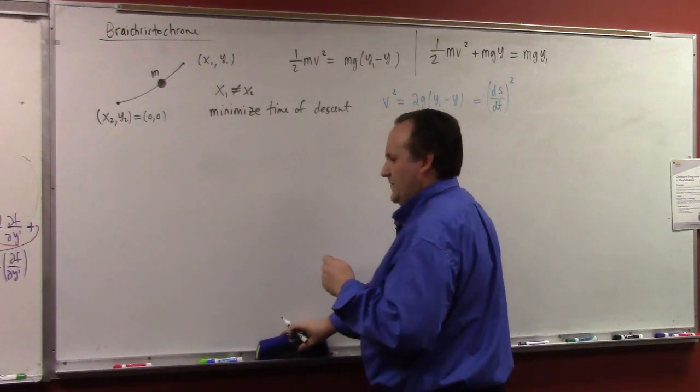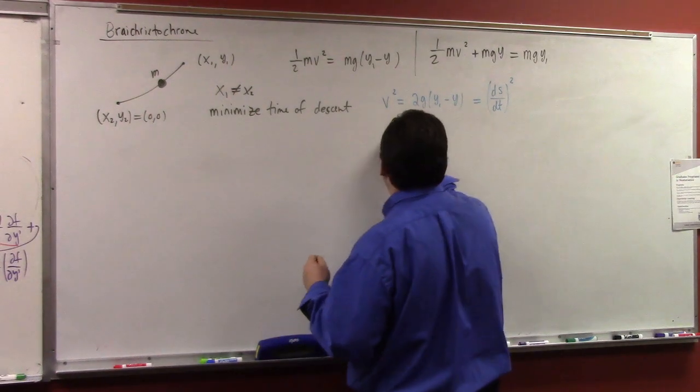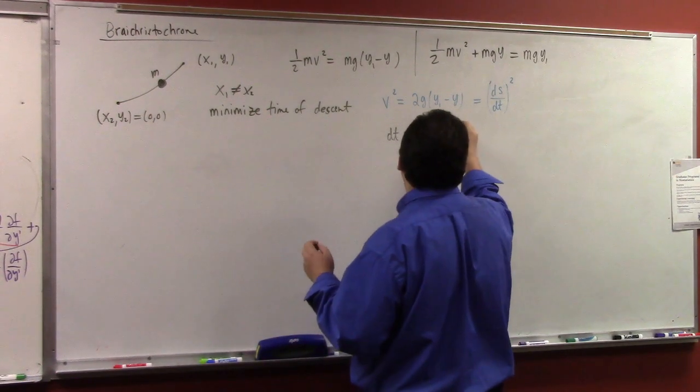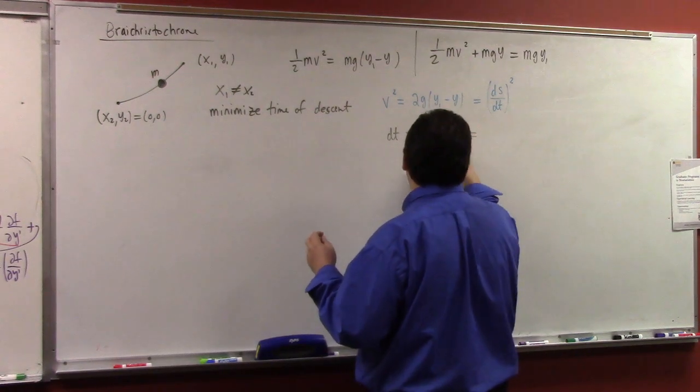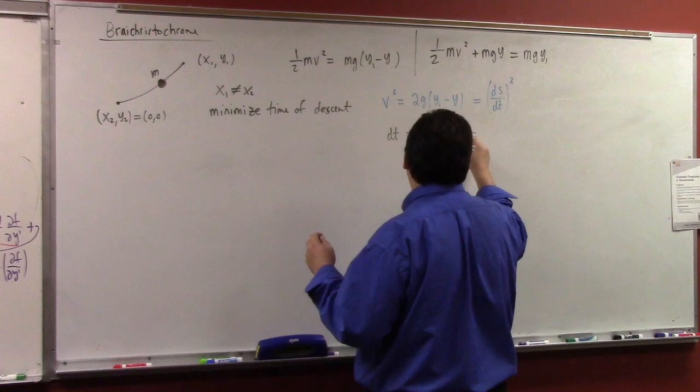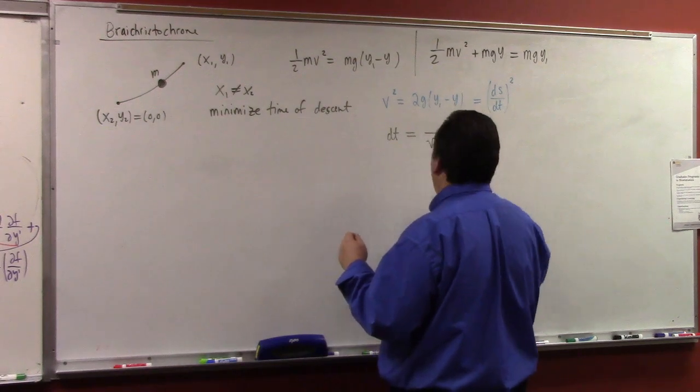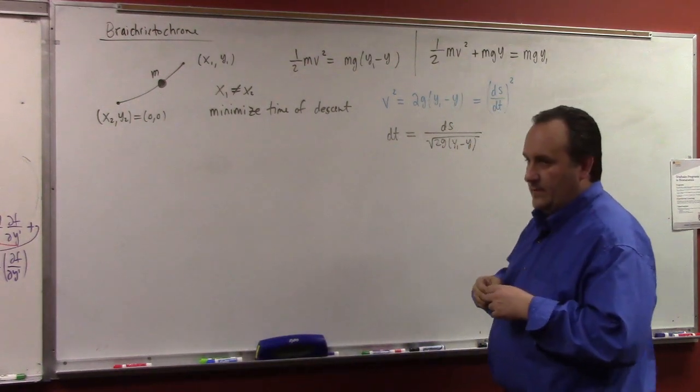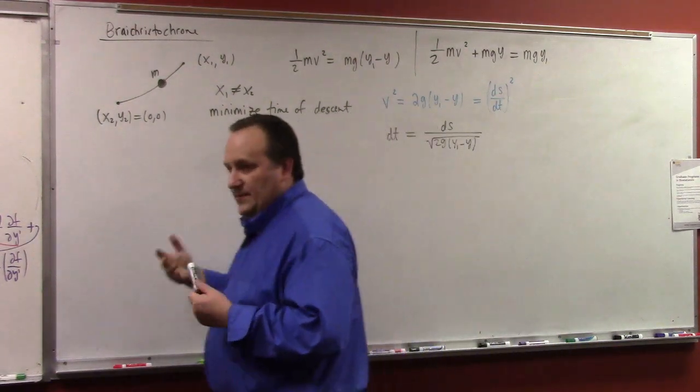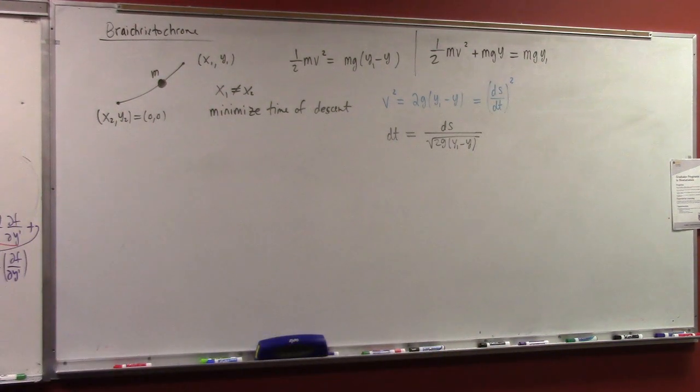I thought I got a reciprocal. Well, no duh. So dt is ds over the square root of 2g times (y1 minus y), right? And we're trying to minimize. So what's the functional we want to look at here? We'd integrate that to get the total time of the descent. That's the way to think about this.